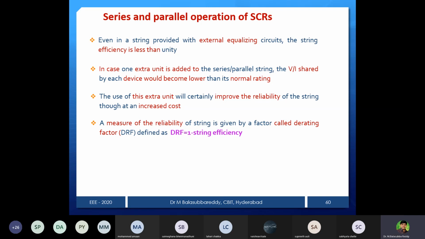If you require more reliability, more devices need to be connected in series and parallel. The reason is, to get more reliability, instead of operating the device at a higher rating, you are trying to use less rating, less sharing, so that the device will not carry the rated current or rated voltage.